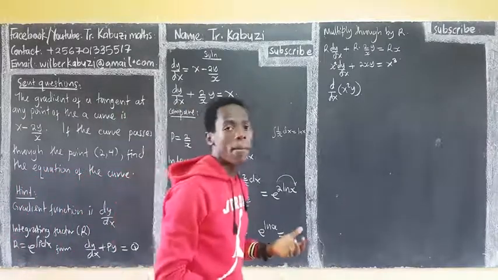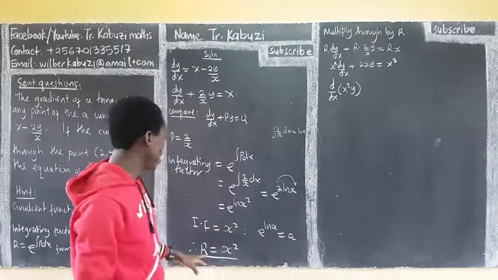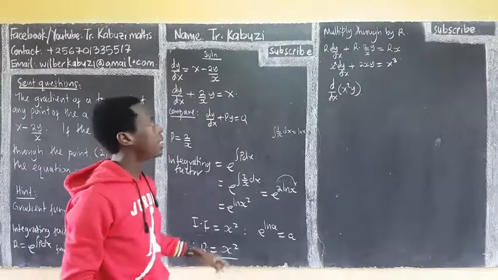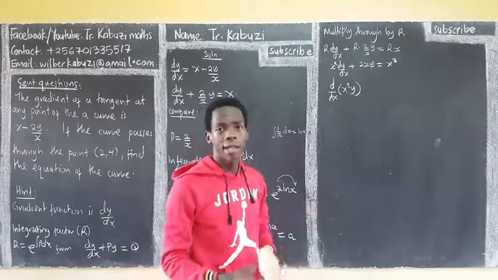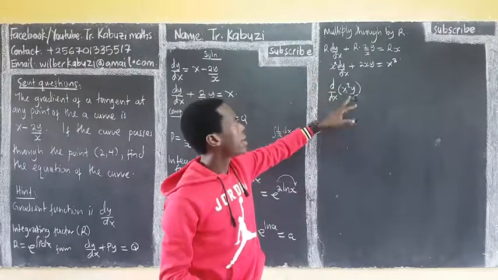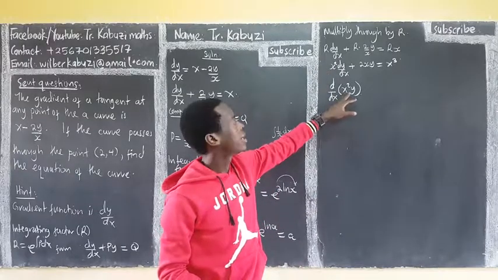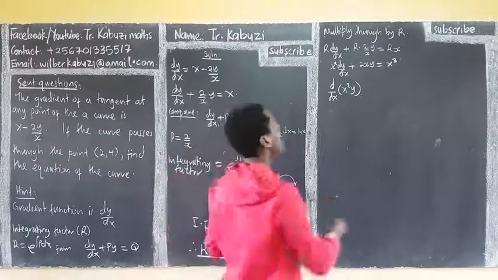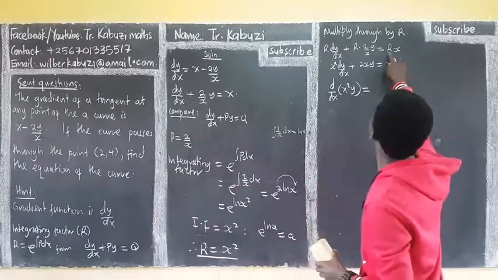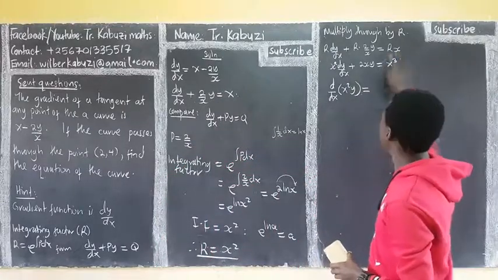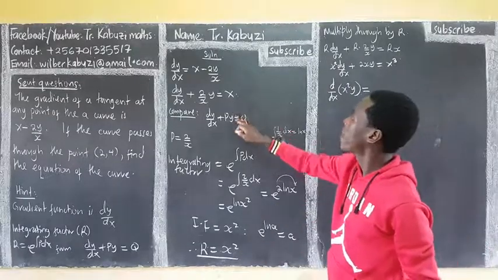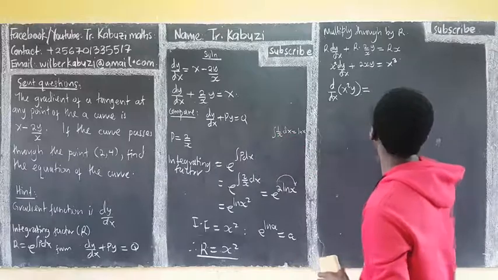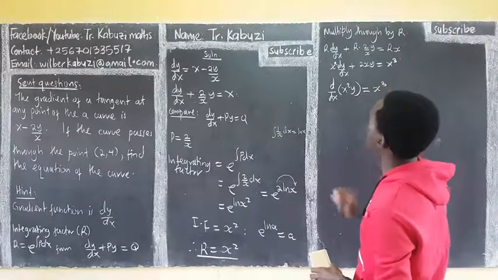Or what some people do, immediately after getting the integrating factor, they say you get r times y. So you can always skip this step, and just get r times y, then equate it to r times q. So that's why I'm getting r times q, which is x cubed.